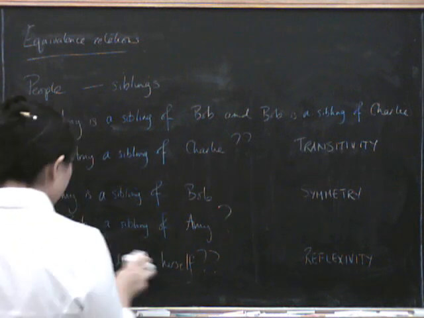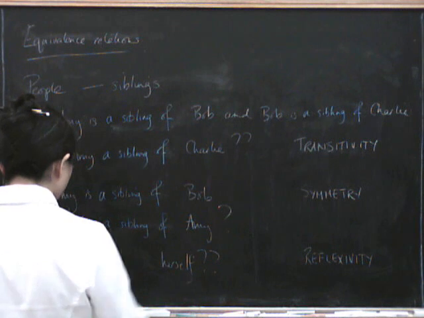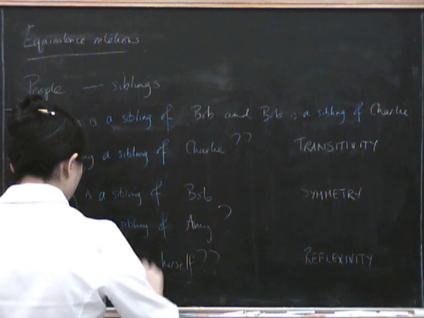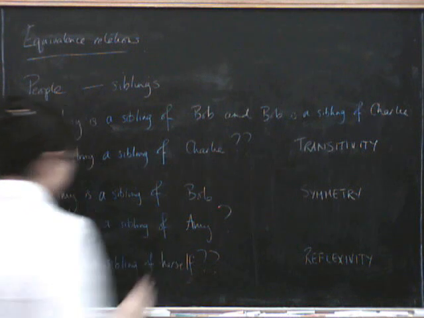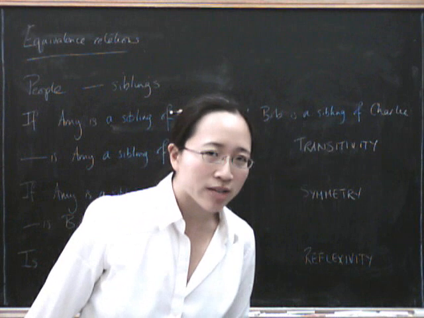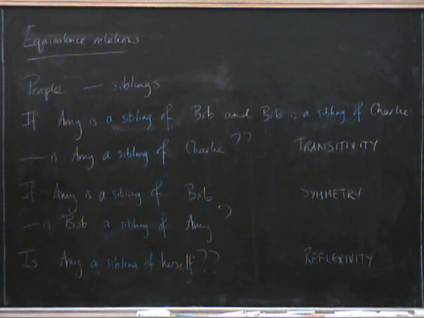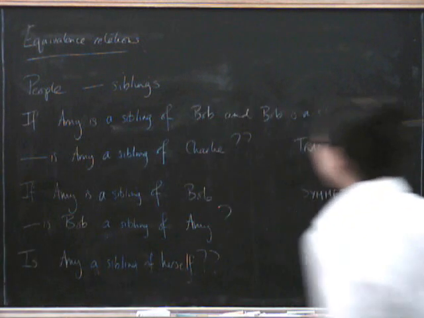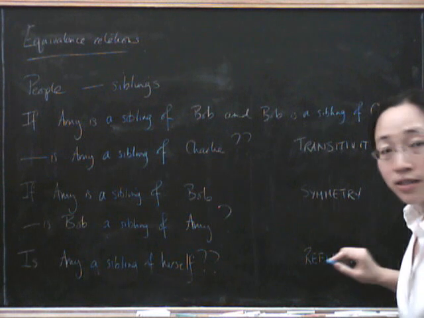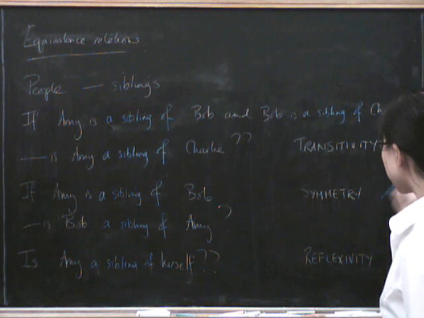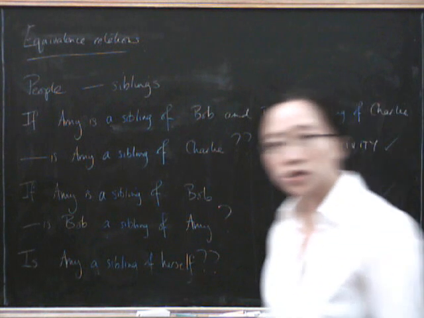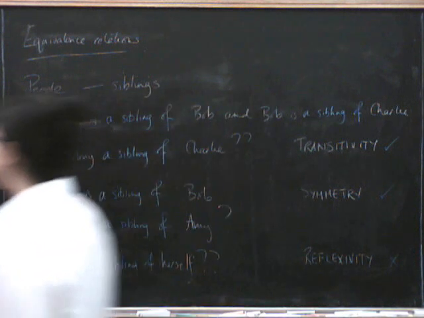And what about, is Amy a sibling of herself? Well, I don't think that's true anymore. I don't think you are a sibling of yourself. So in this case, being a sibling of someone does satisfy transitivity, so it's transitive. It is also symmetric, but it's not reflexive. So it's not an equivalence relation.